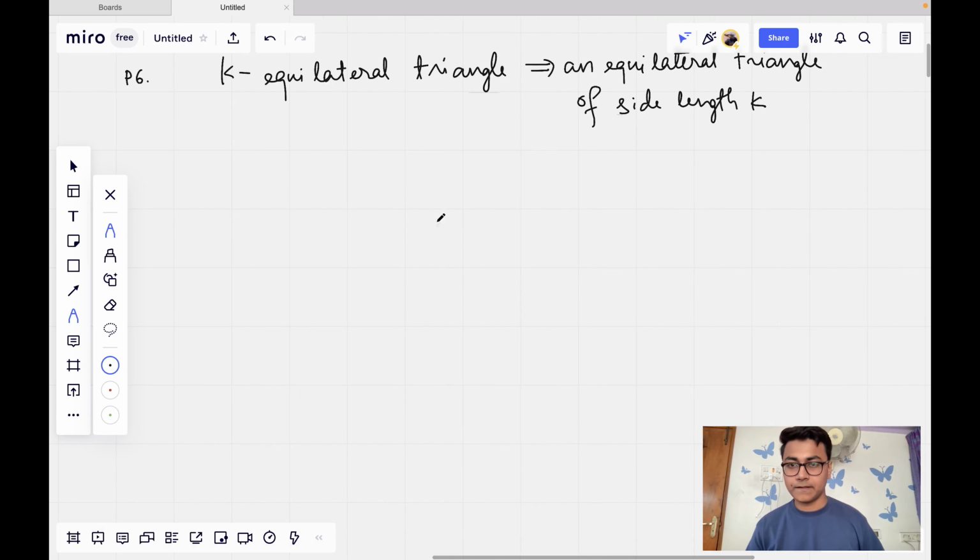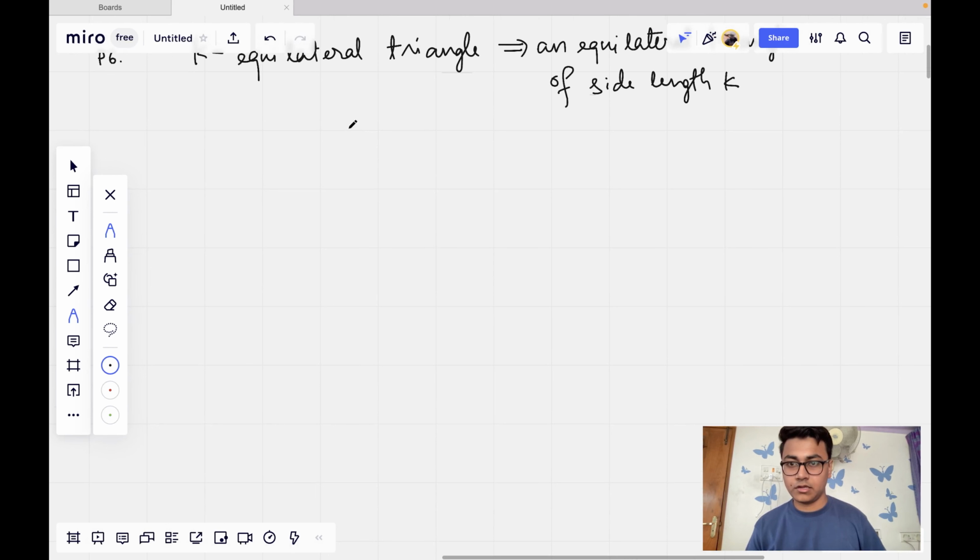Now first we look at the very common configuration, an equilateral triangle. This diagram is good enough.